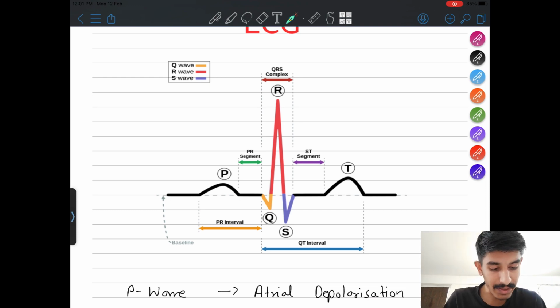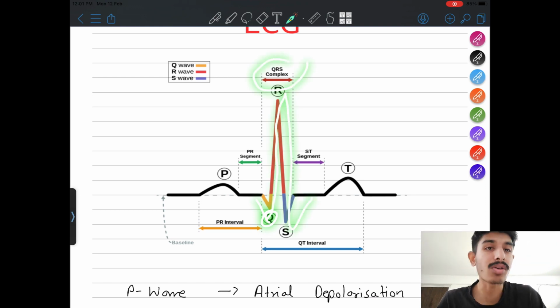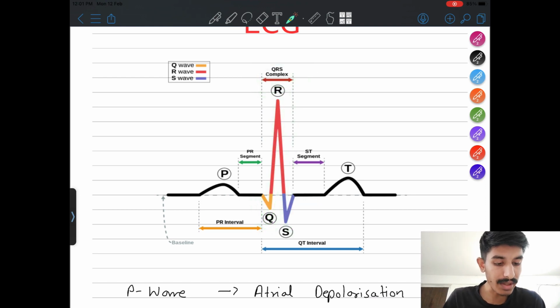From S to T is known as the ST segment, and this upward elevation again is known as the T wave. From Q to the end of T is known as the QT interval.